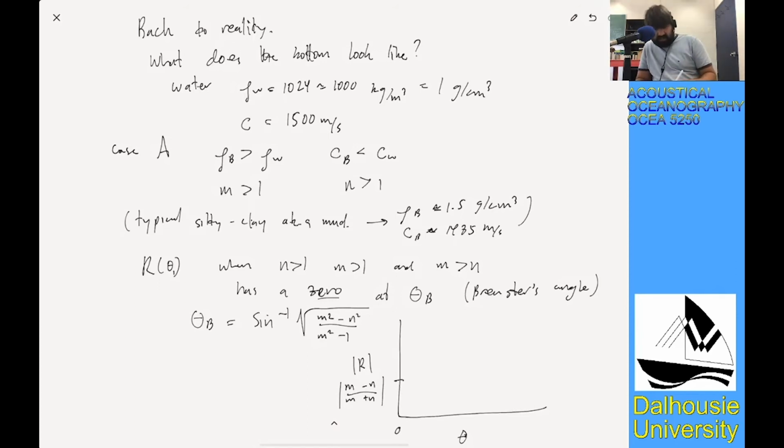We know that we're going to have some theta B here. It's going to decrease monotonically to theta B. And then what happens as you go all the way out to 90 degrees? You go up to pi here. Okay, well, pretty good.